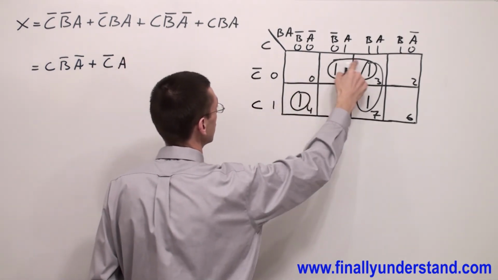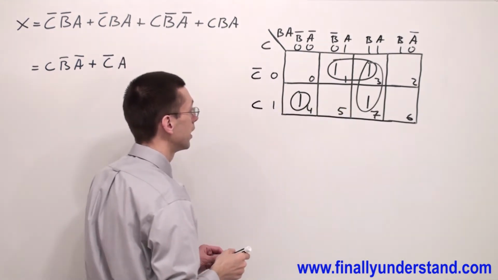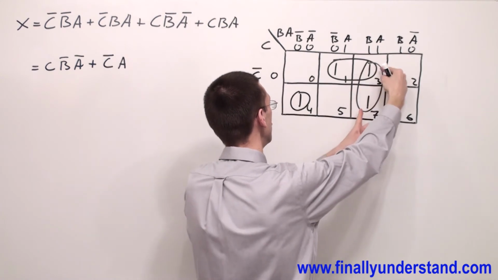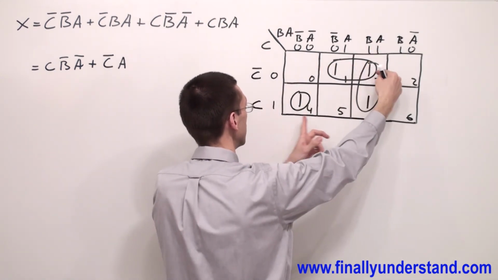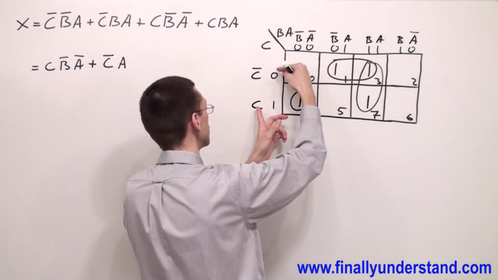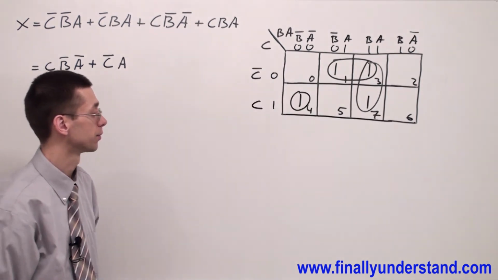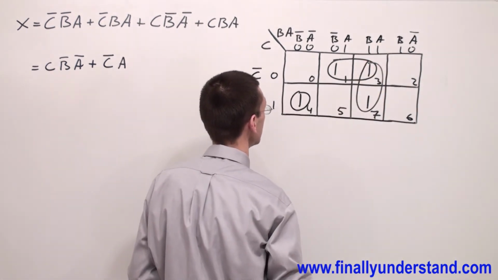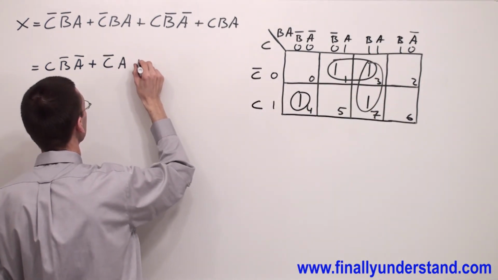I'm finished with this group. Next, I have third group placed in two rows and one column. At the side of these two rows, I have complements. I ignore complements. And at the top of this column, I have BA.